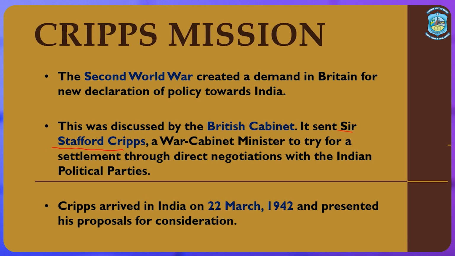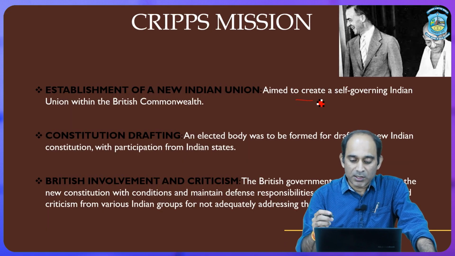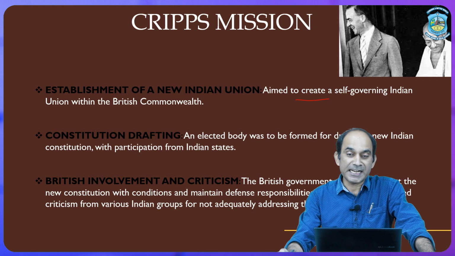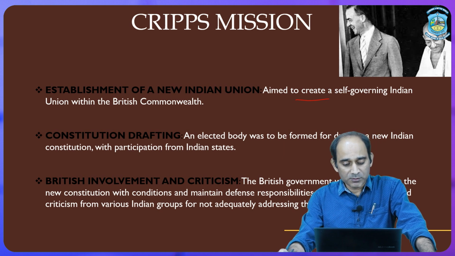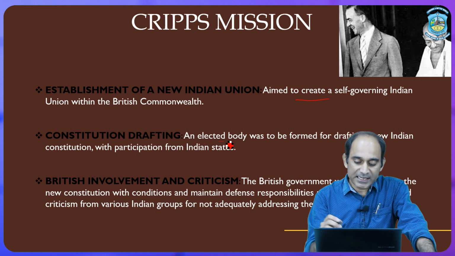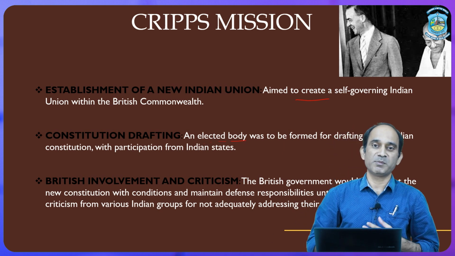He arrived in India on 22nd March 1942 and presented his proposal for consideration among the Indian political leaders. This proposal aimed to create a self-governing Indian Union within the British Commonwealth. It also proposed an elected body for drafting a new Indian constitution with participation from Indian states.